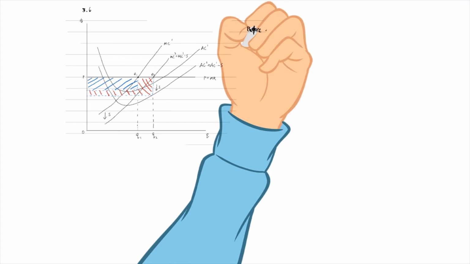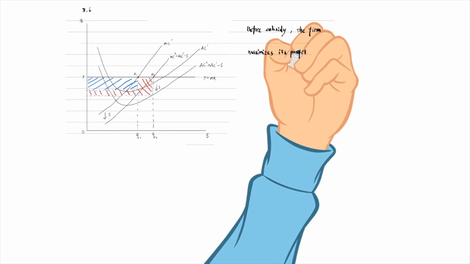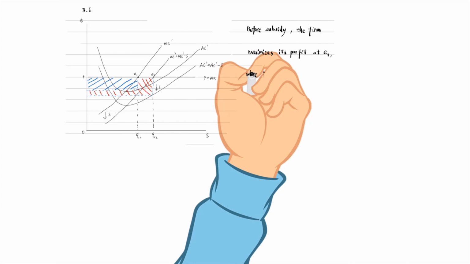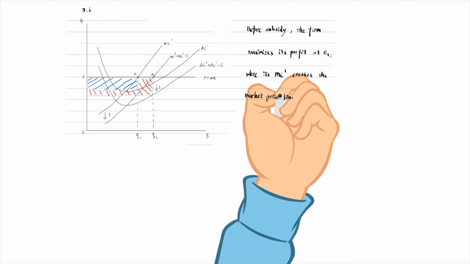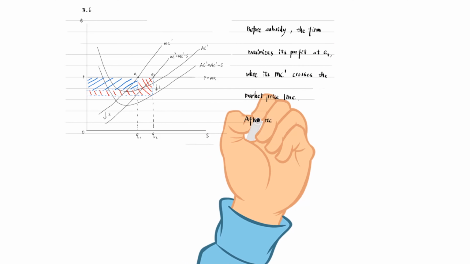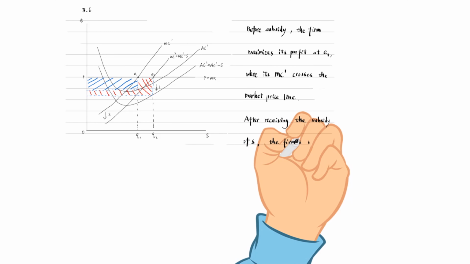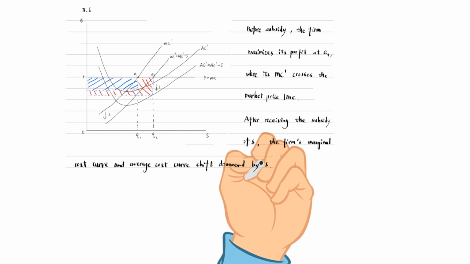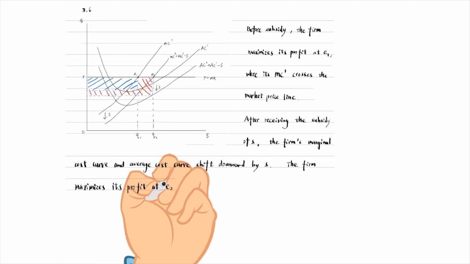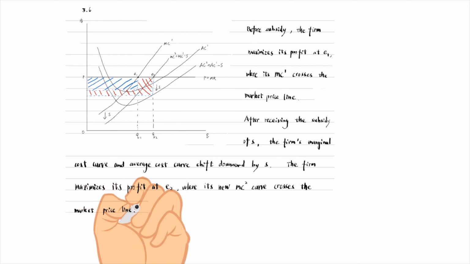Before the subsidy, the firm maximizes its profit at E1, where its marginal cost curve crosses the market price line. After receiving the subsidy of S, the firm's marginal cost curve and average cost curve shift downward by S. The firm maximizes its profit at E2, where its new marginal cost curve crosses the market price line.